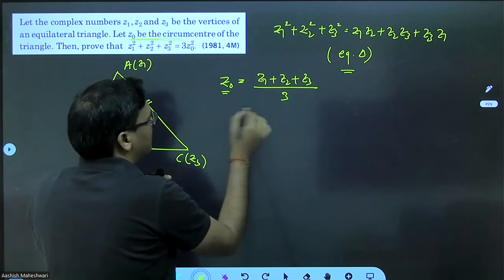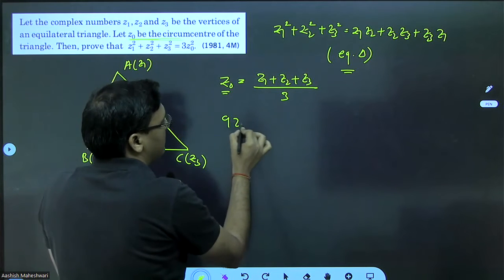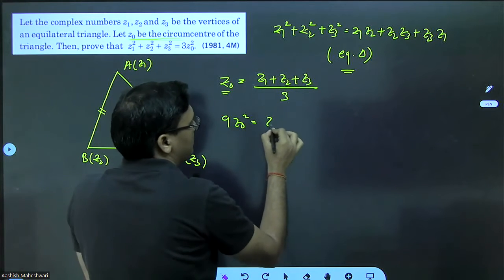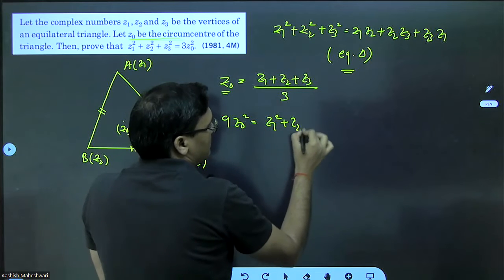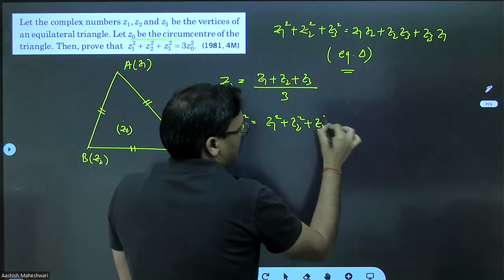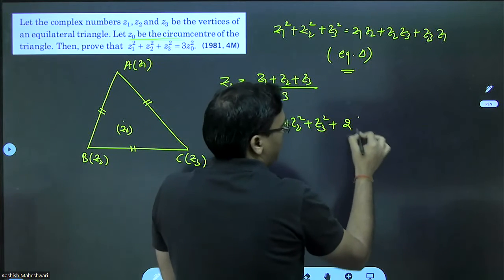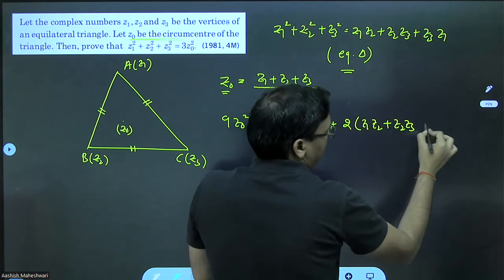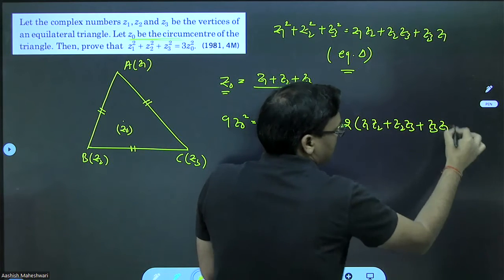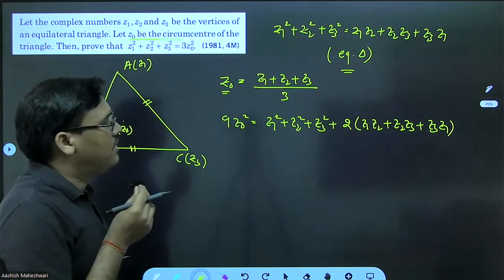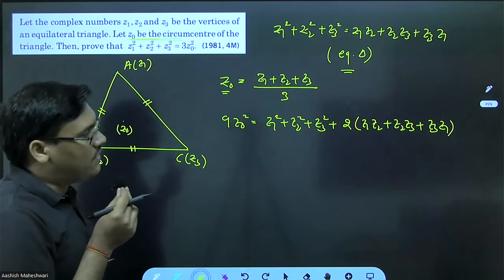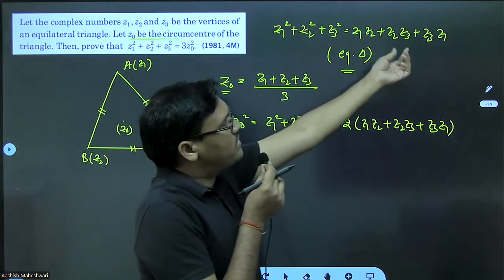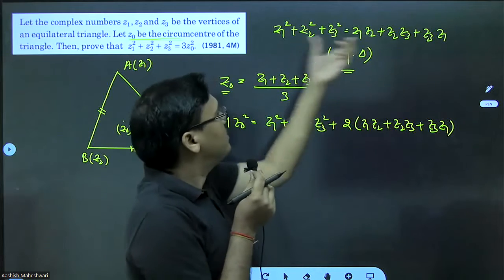So how can you manipulate this? You can just square both sides. This is 9 Z naught square equal to Z1 square plus Z2 square plus Z3 square plus 2 times Z1 Z2 plus Z2 Z3 plus Z3 Z1. We have this relation, correct? Just squaring both sides. Now we know that Z1 Z2 plus Z2 Z3 plus Z3 Z1 is equal to Z1 square plus Z2 square plus Z3 square.